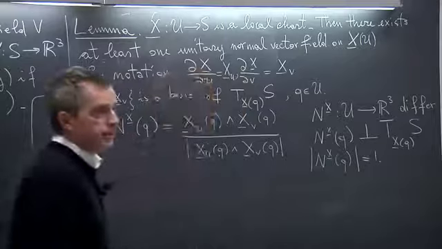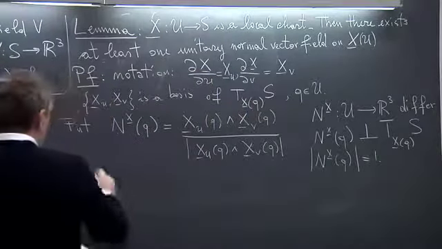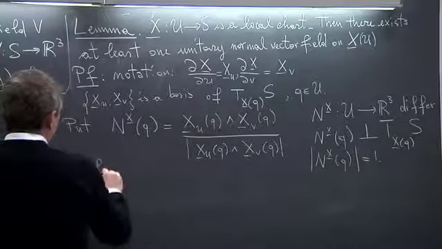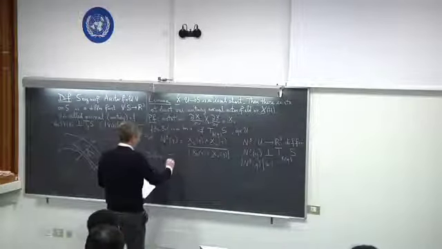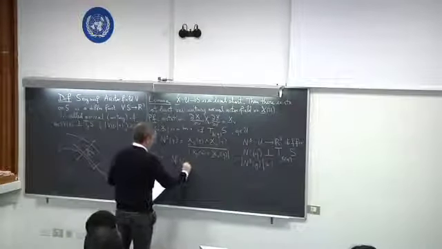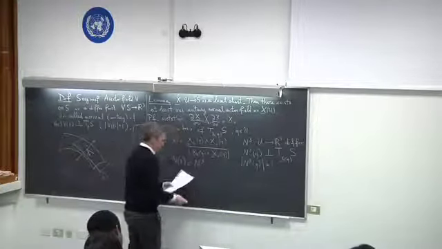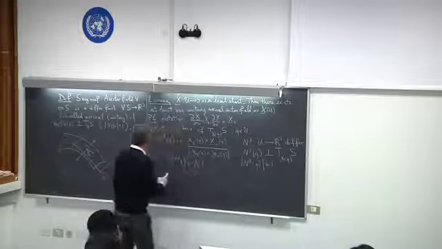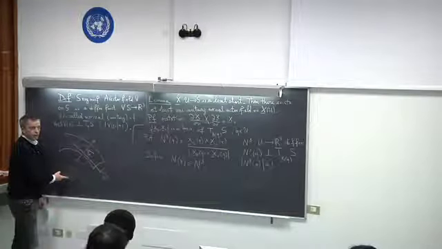But to change the domain, it's easy. We compose it with a local chart. So then define N of P to be nothing but Nx composed with X inverse. So I take the point P on the surface, I pull it back to the domain of the chart.